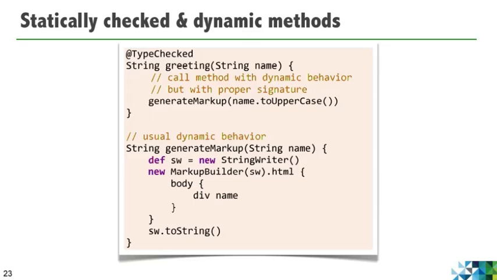I don't want to type check that code so that the compiler doesn't complain because it doesn't know about an HTML method, a body method, a div method, etc. So this is how you can mix statically type checked code as well as dynamic code. You can separate that at least by using different methods, some being type checked and others not type checked by not putting the annotation.